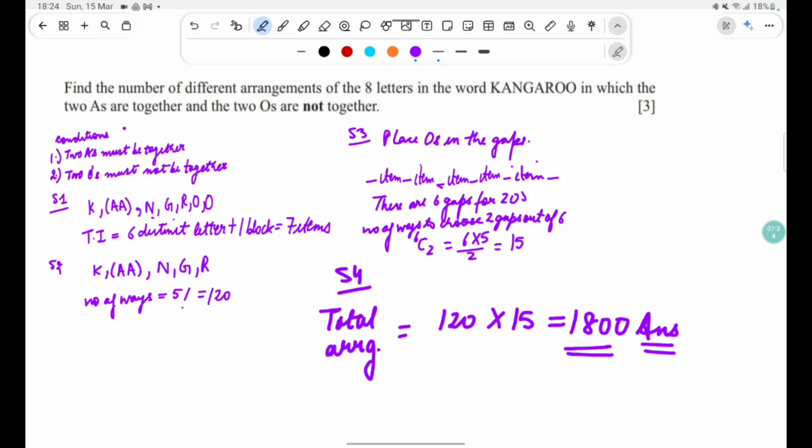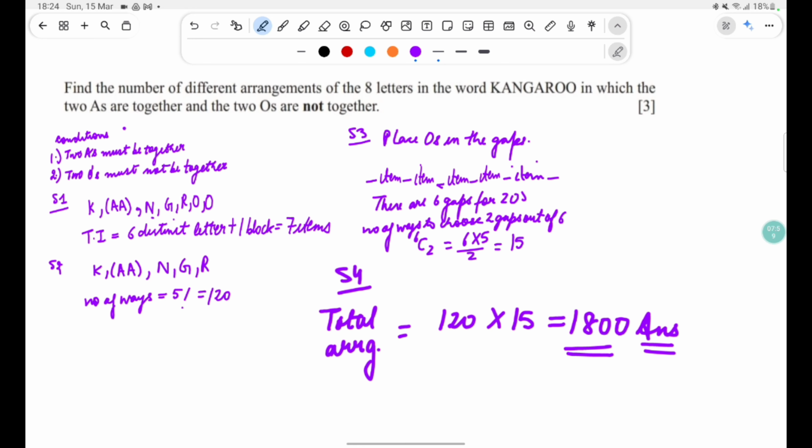If we quickly revise it, first of all, I treated both the A's as 1 unit, and then I got total items as 7. If I separate the O's, there would be 5 items, and to arrange 5 items we have 5 factorial ways. Then we have to place the O's in the gaps so that no two O's are together.